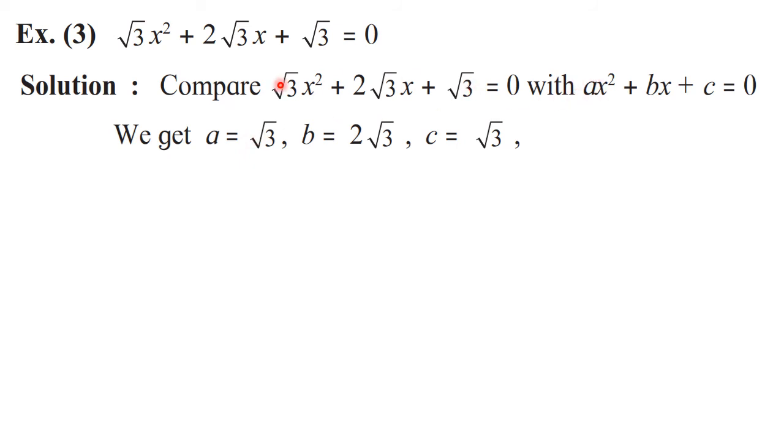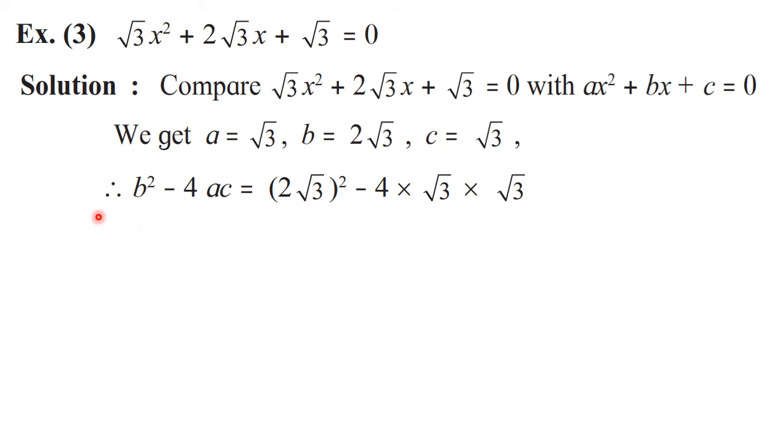A is root 3, correct? The value of b is 2 root 3 and the value of c is root 3 again. All are positive. Okay, so we have written it. This is the very first step, common to all the questions related to the formula method. Now the next step is to find out the value of the discriminant, that is b square minus 4ac.